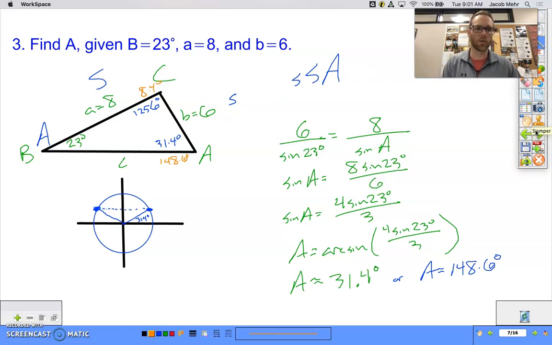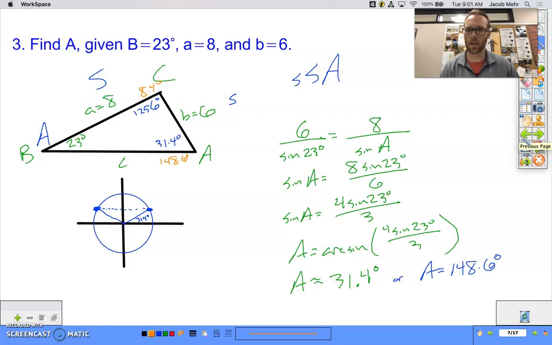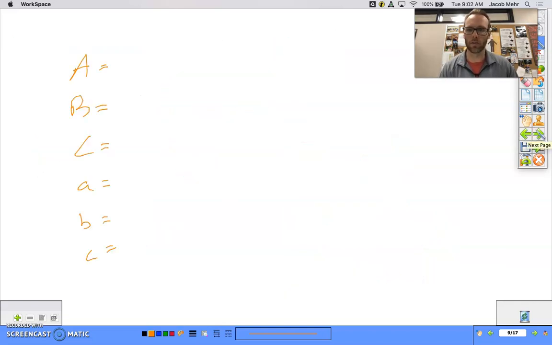I remember our goal is to solve the triangle. To solve the triangle means we know all the side lengths and all the angle measures.